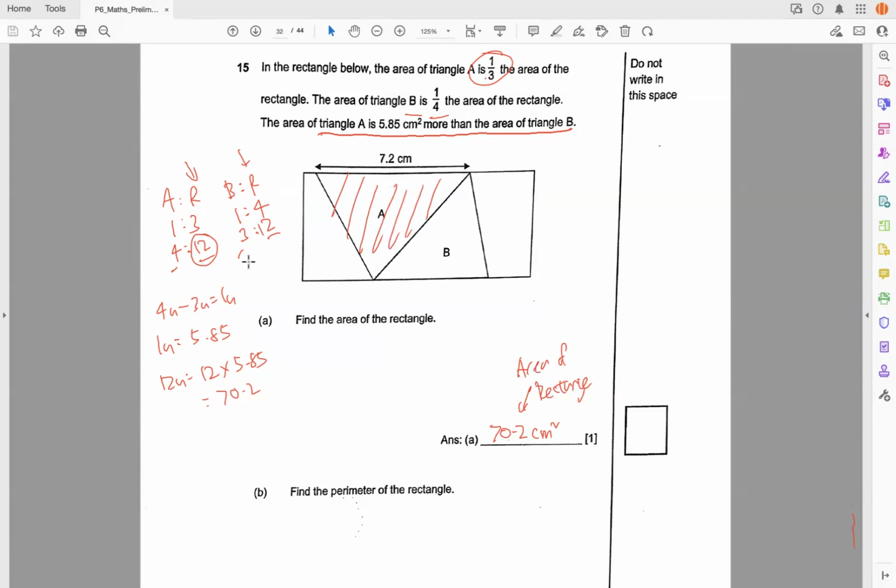So let me use another pen. 1/3 of the rectangle. Find the triangle's area: 1/3 times 70.2.